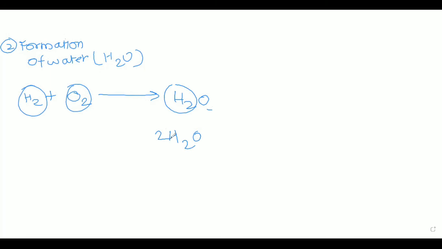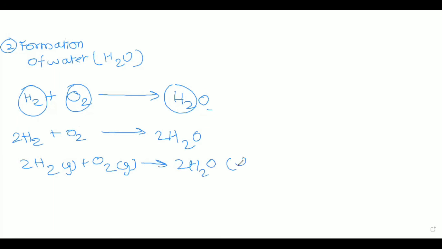Now H has 4. Now we'll add one more H here. 2H2 plus O2 gives 2H2O. If we want to write the states, 2H2 in gaseous state plus O2 in gaseous state gives 2H2O in liquid form. Yes, solved, done. That's very simple.